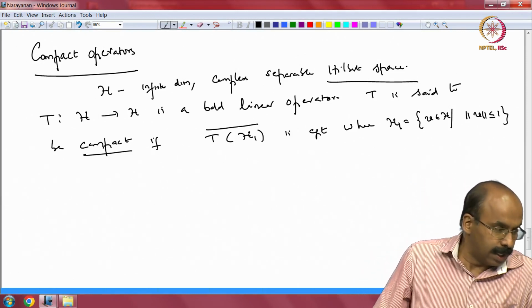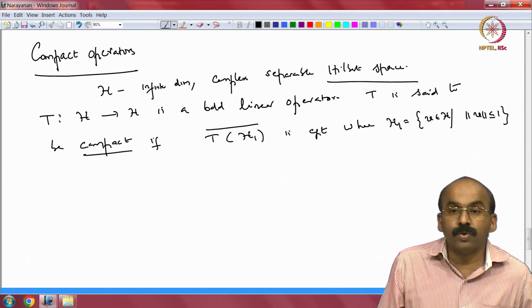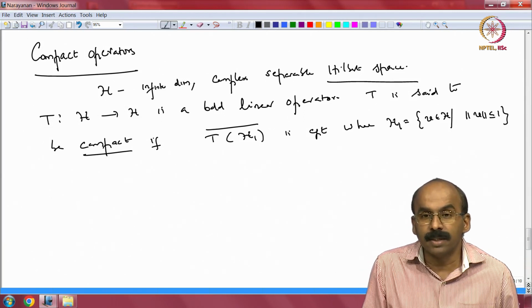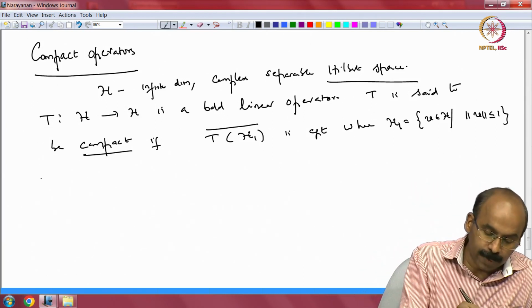You have seen those examples. Okay. So, some of the facts you should know about compact operators in general, I will state them down. Okay.